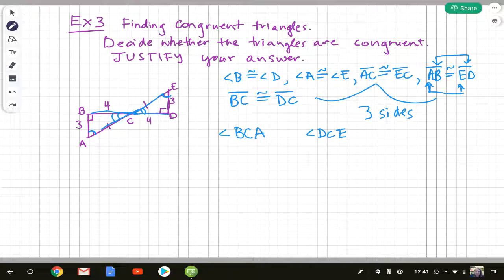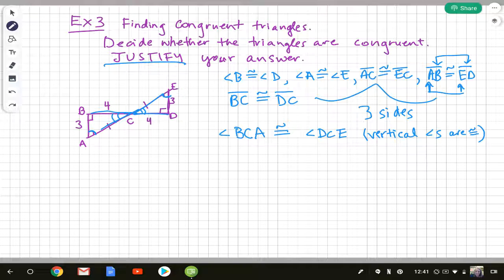So these 2 are vertical angles, which makes them congruent. I think it was called the vertical angle theorem that told us that vertical angles are congruent. But if you don't remember that, you can just write that out to the side, because I'm justifying. This is why I'm doing it.